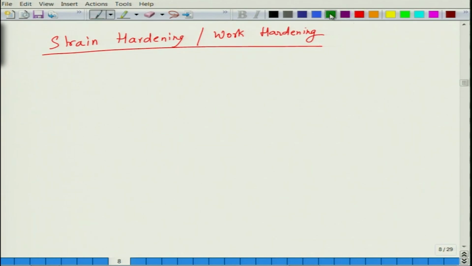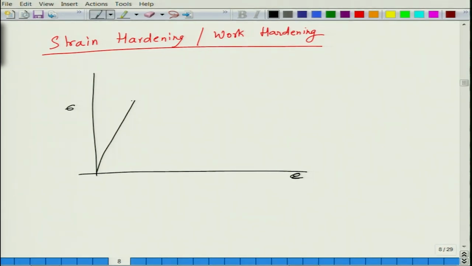Essentially, what it means is that if you plot the stress strain curve of a material, this is the stress strain curve, let us say with slope E. This is the elastic region, then you go to the plastic region. Up to this point you are in the elastic region, and then you shift to the plastic region.